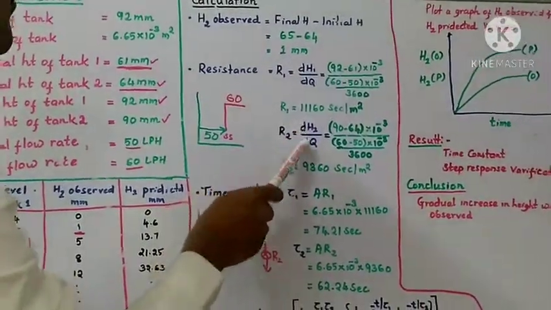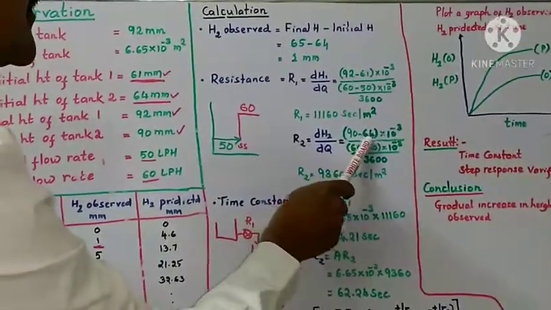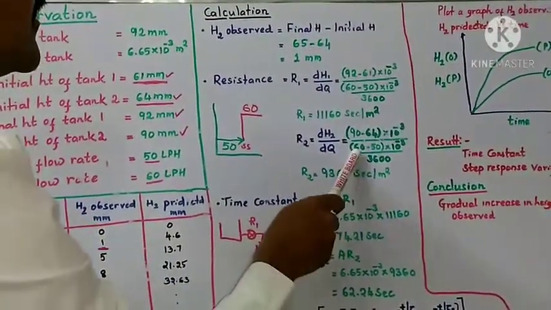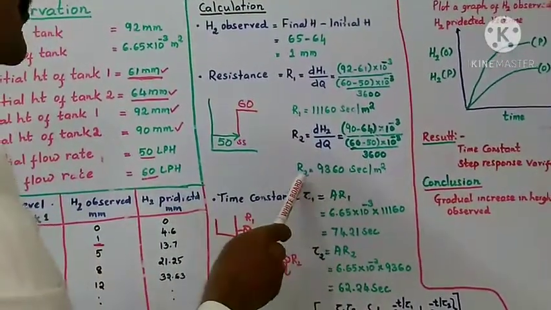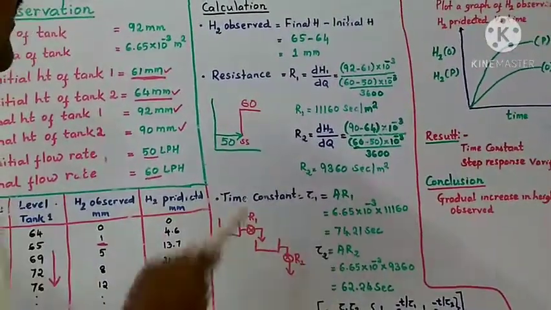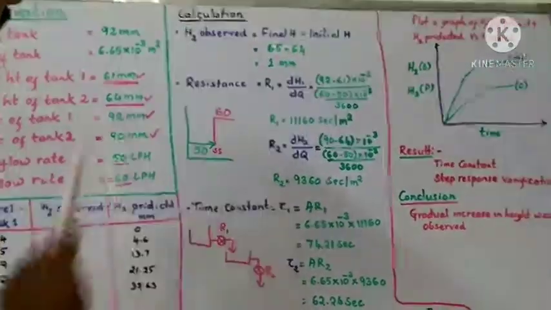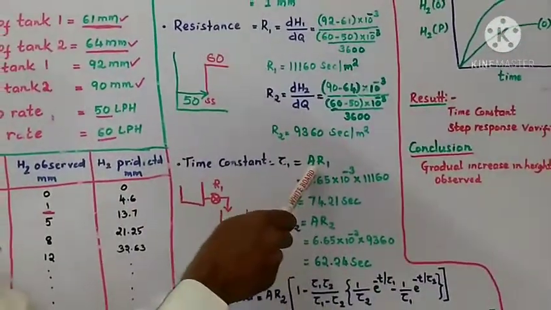R2 is dH2 by dQ. So this will be 90 minus 64 into 10 to the power of minus 3, over 60 minus 50 into 10 to the power of minus 3 divided by 3600. So therefore resistance 2 is 9360 second per meter square. So this is R1, this is R2. What is the time constant? Time constant tau 1 is equal to area into resistance.